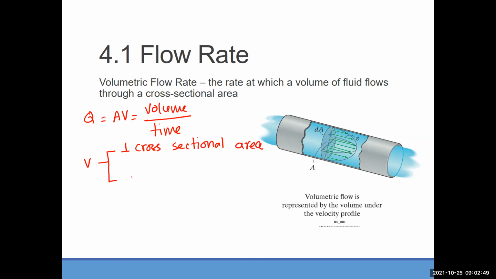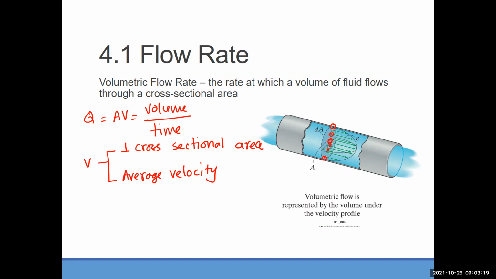And that V is actually the average velocity. So we don't have to measure the velocity at this point, this point, this point individually. Rather, we will use the average velocity, that is the V.